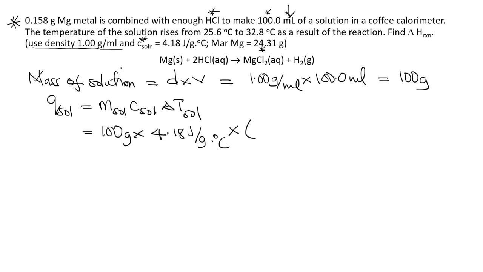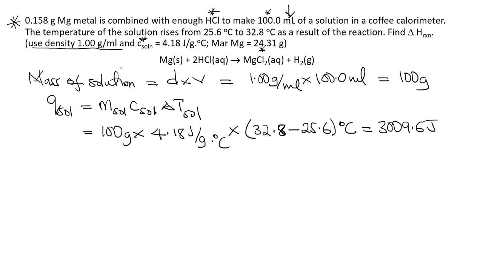The temperature changed from 25.6 to 32.8, which means our T final is 32.8 minus our T initial, 25.6, which gives us 3009.6 joules. So this is the energy of this reaction.